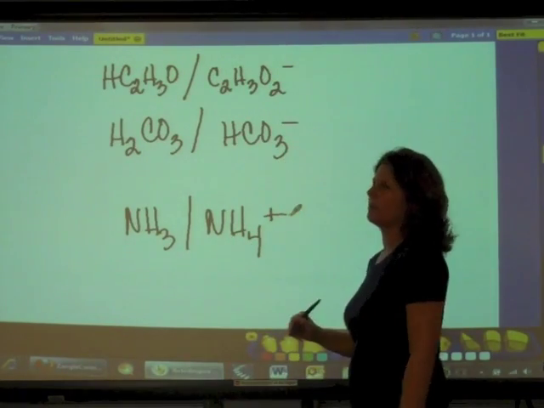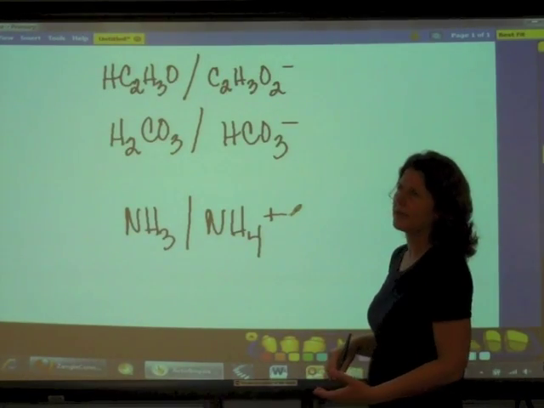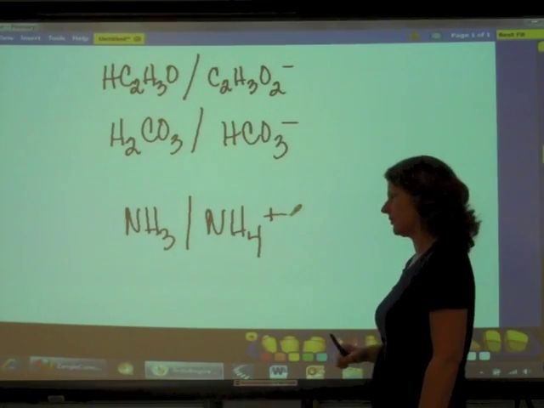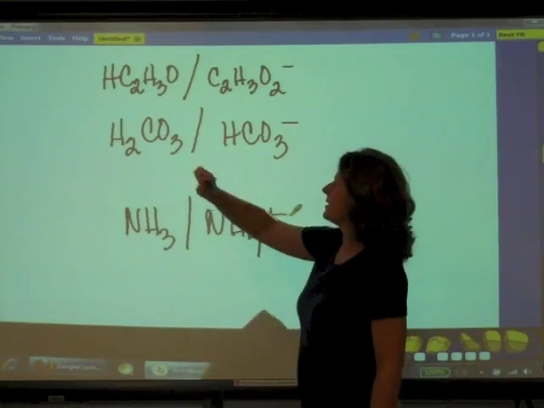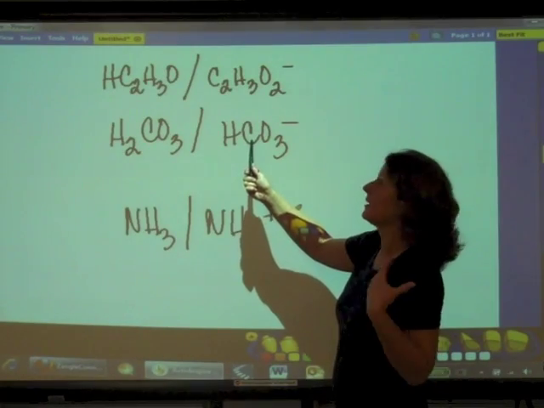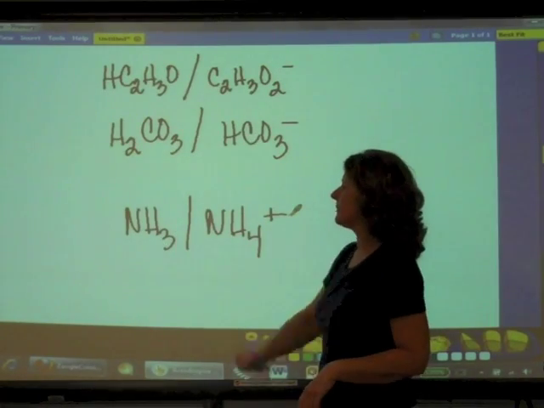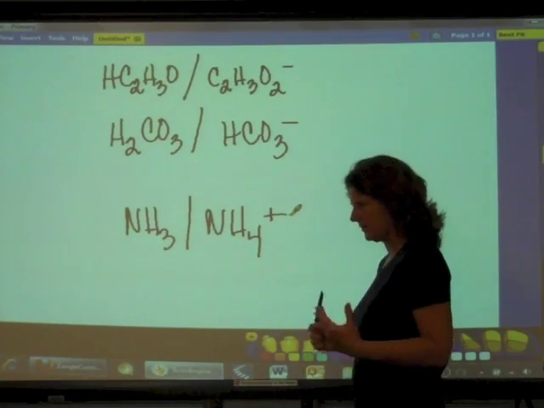Okay, and that ammonium ion may be coming from ammonium chloride, ammonium nitrate, etc. Okay, so a weak acid along with its common ion or its conjugate base, or a weak base along with its common ion or its conjugate acid.